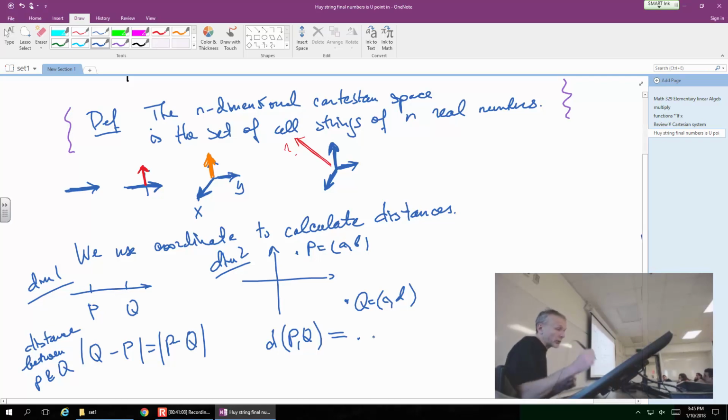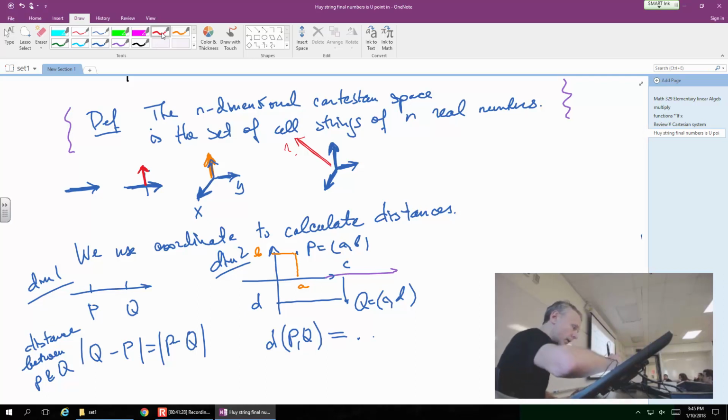So what do I do? I'm looking at the coordinates. The point P has coordinates A and B, and the second one has coordinates C and D. So this is C, and this is D. Okay. What we're after is this distance, this one.